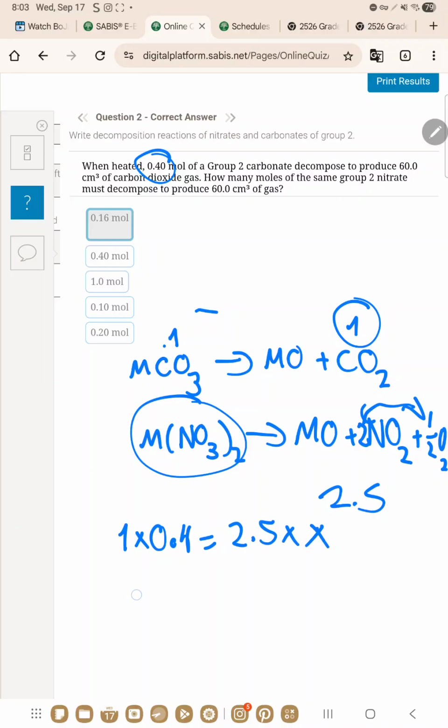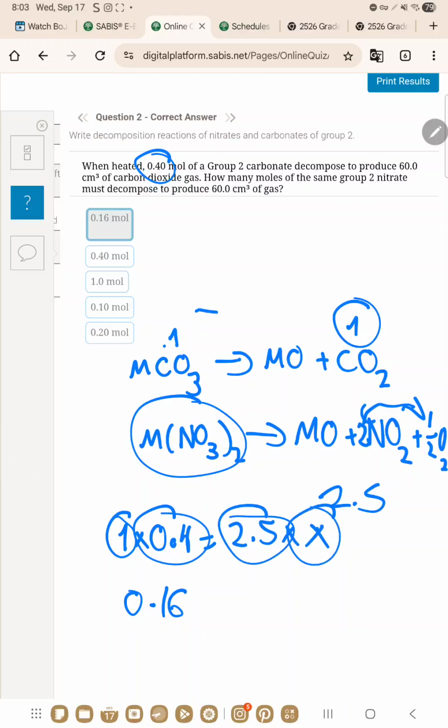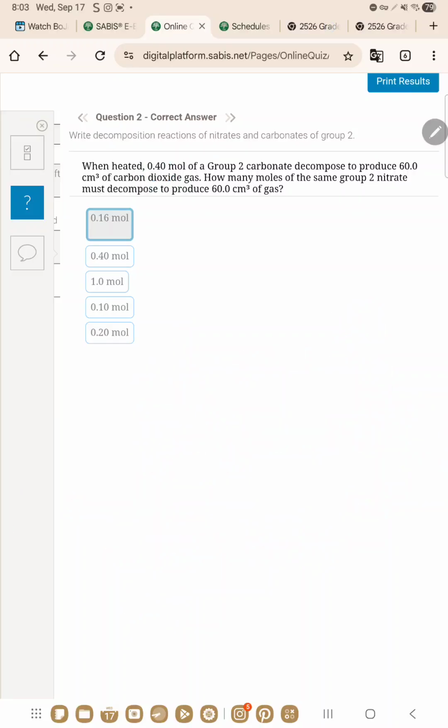Once you solve it, you're gonna get 0.16 moles. You're finding the ratio between them. So if you have 1 mole, which is 0.4, and here you have 2.5 moles of gas, how much do you need to form the same volume of gas?